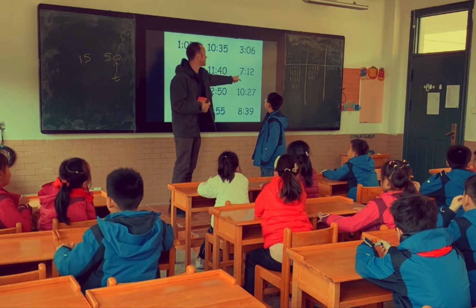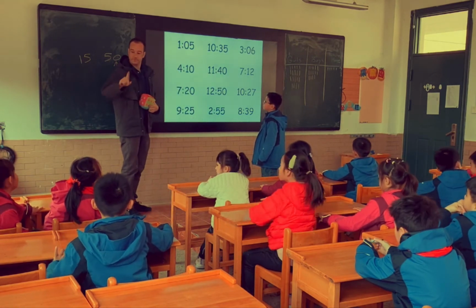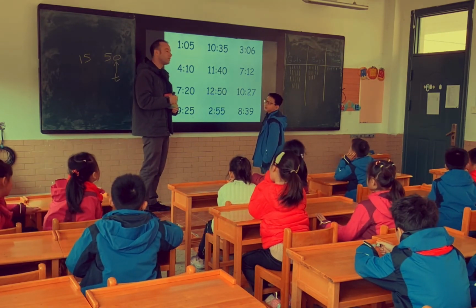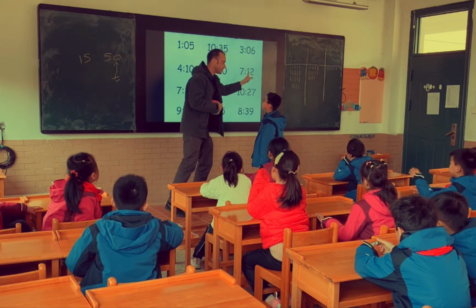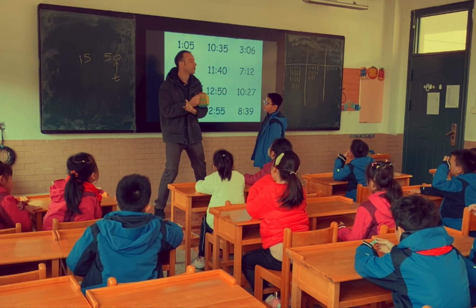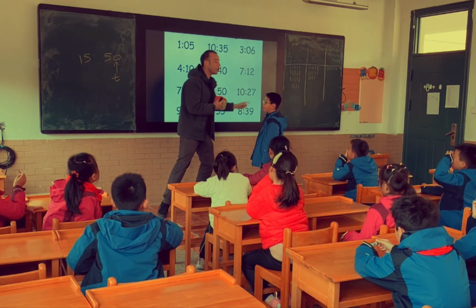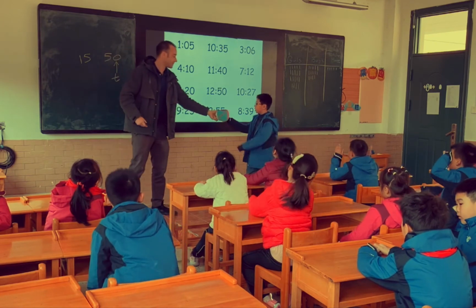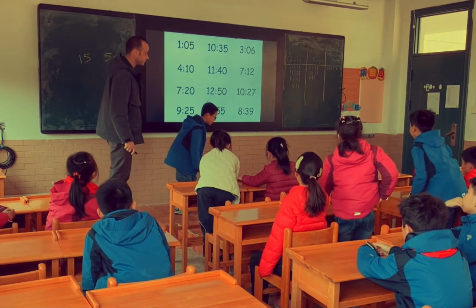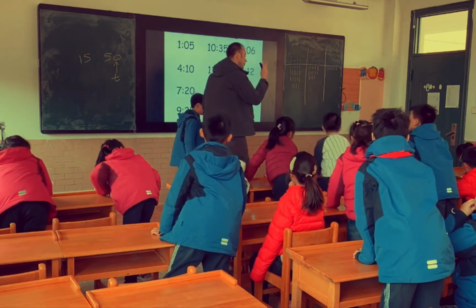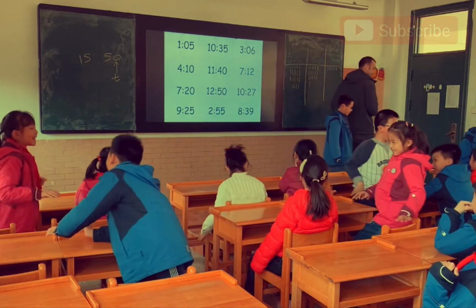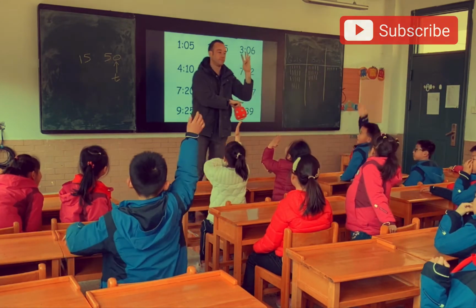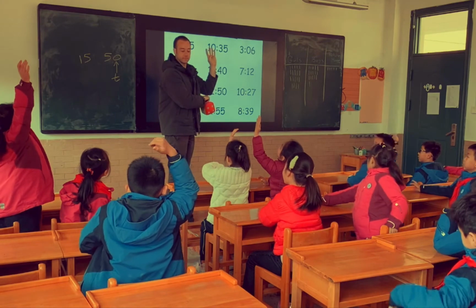How do you say this? Good. 7, 12. 7, 12. Everyone say, roll the die. Roll the die. 2. How many? 2. Girls' turn. All right, Melody, come on.